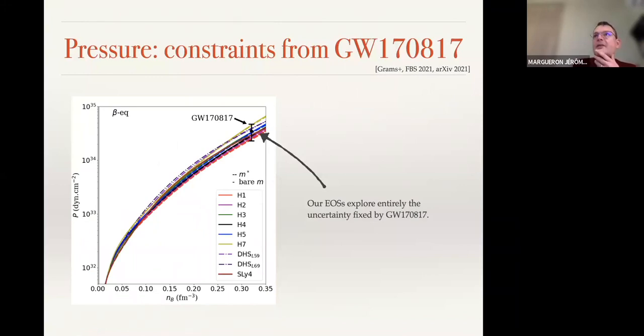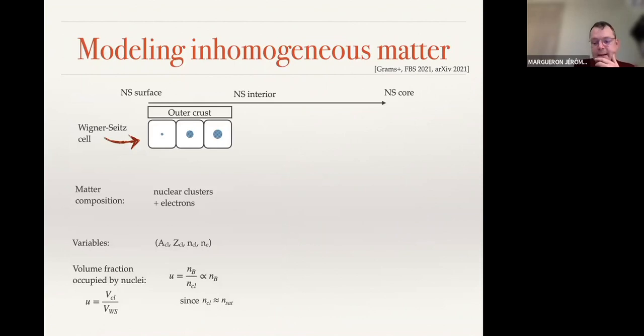Okay, I see that time is going on, so I will go a little bit faster now. We just represent the pressure, and here is the constraint from GW170817, and you can see that our equations of state explore entirely the uncertainty coming from that constraint. So that's not bad.